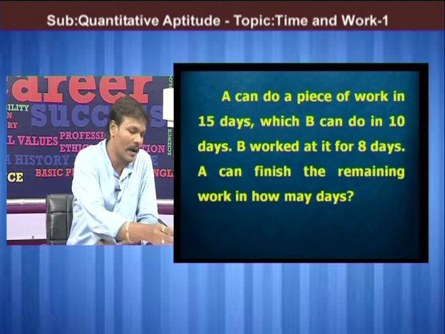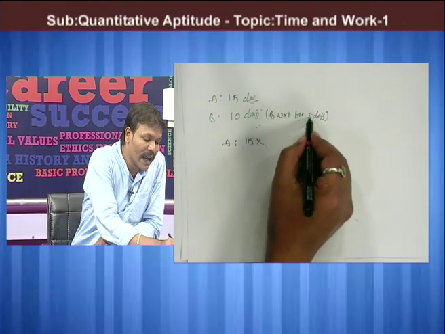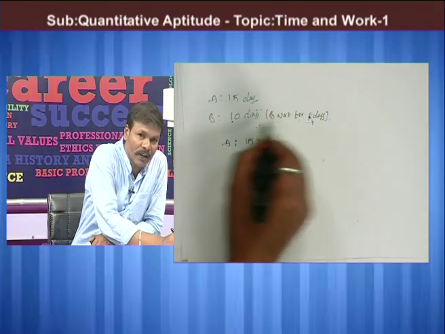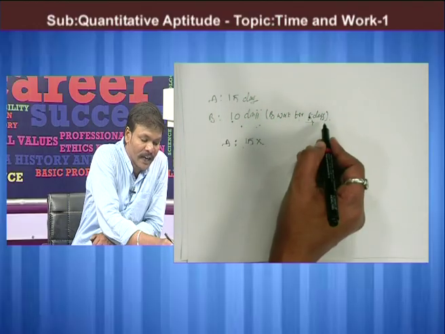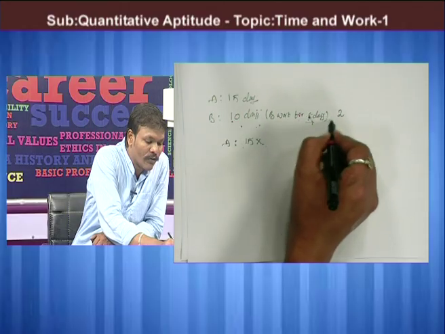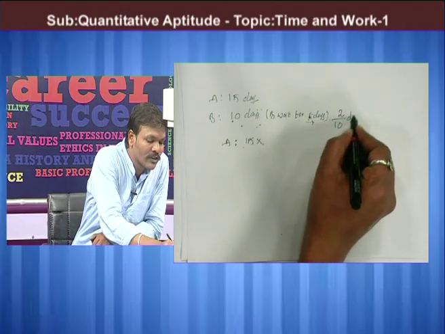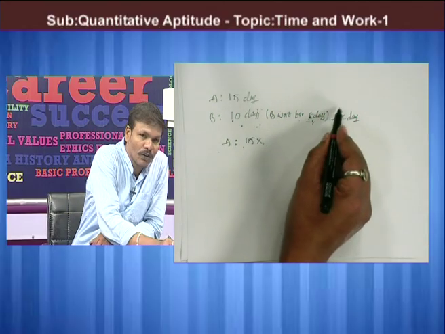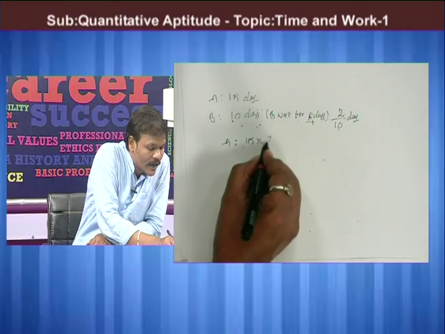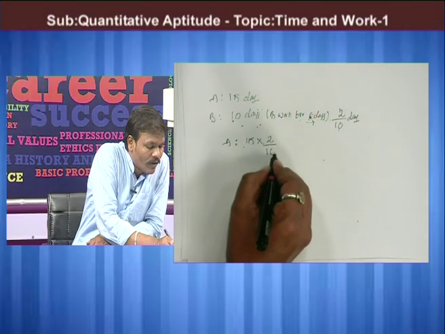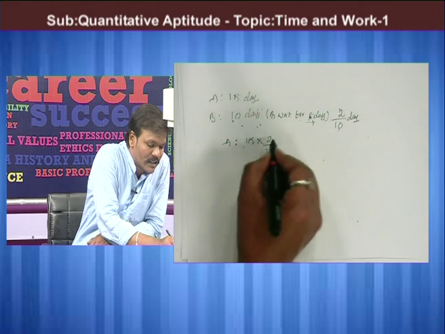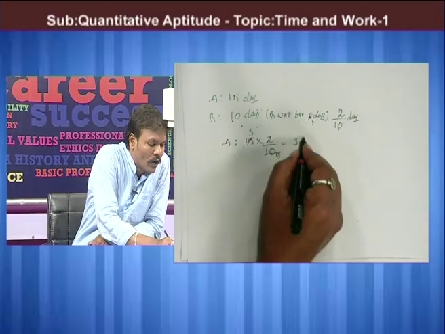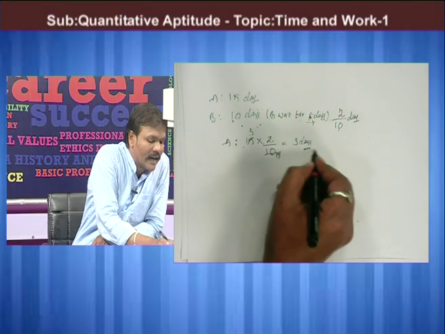What has B completed? B has completed 8 days of work out of 10 days, so only 2 days of work out of 10 remains. So 2 by 10 of the work remains, for A's 15 days. 2 fives are 10, 5 threes are 15. So, A alone completes the remaining work in 3 days.